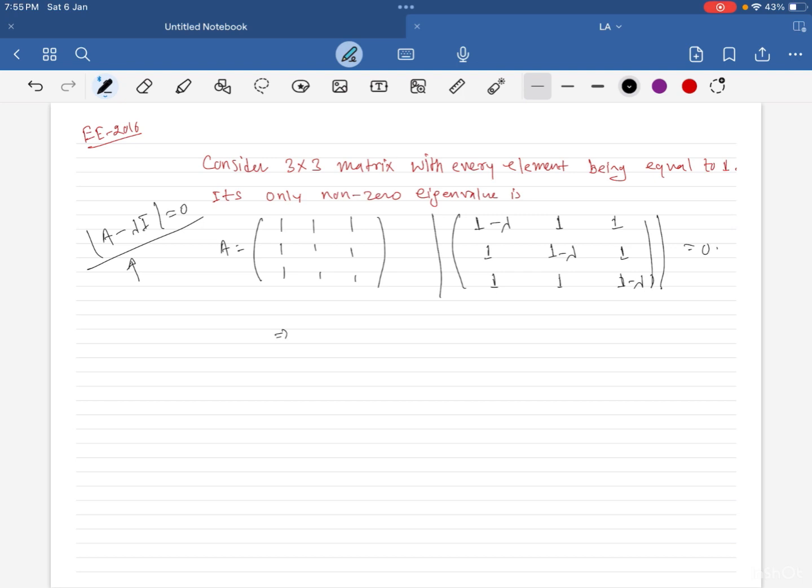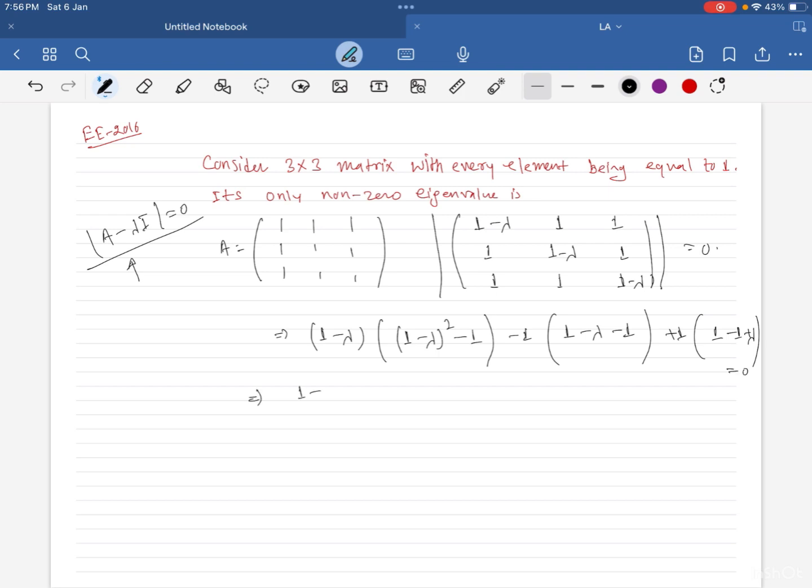So 1 minus lambda times (1 minus lambda) square minus 1, minus 1 times (1 minus lambda minus 1), plus 1 times (1 minus 1 plus lambda), and this would equal 0.